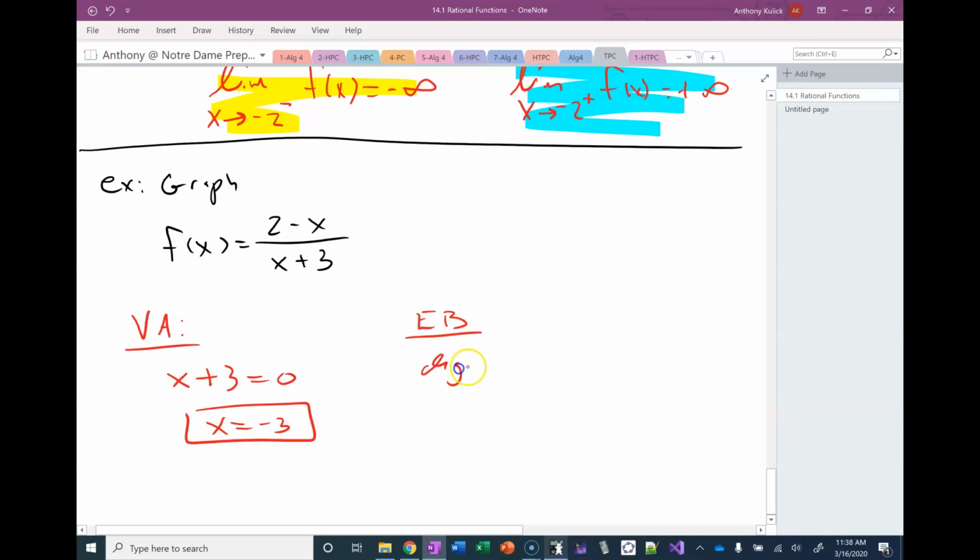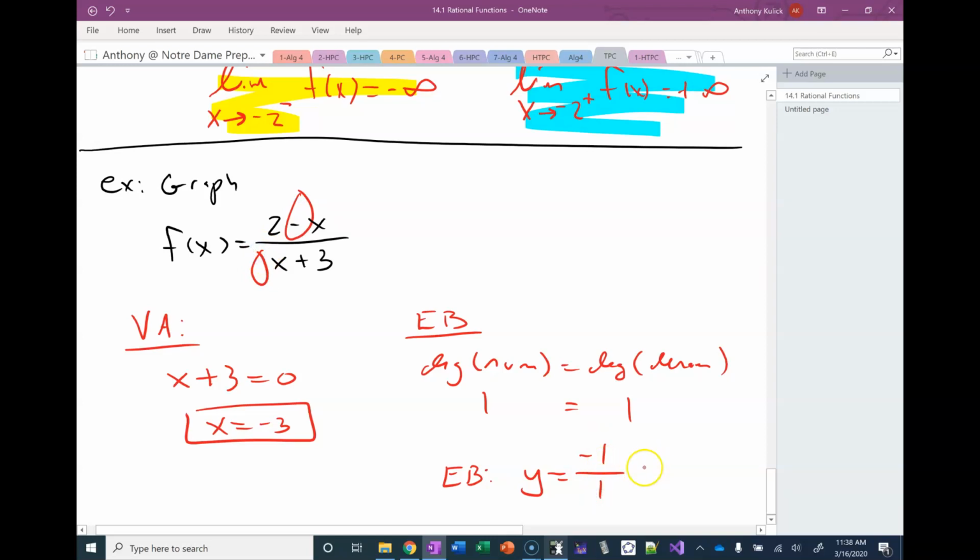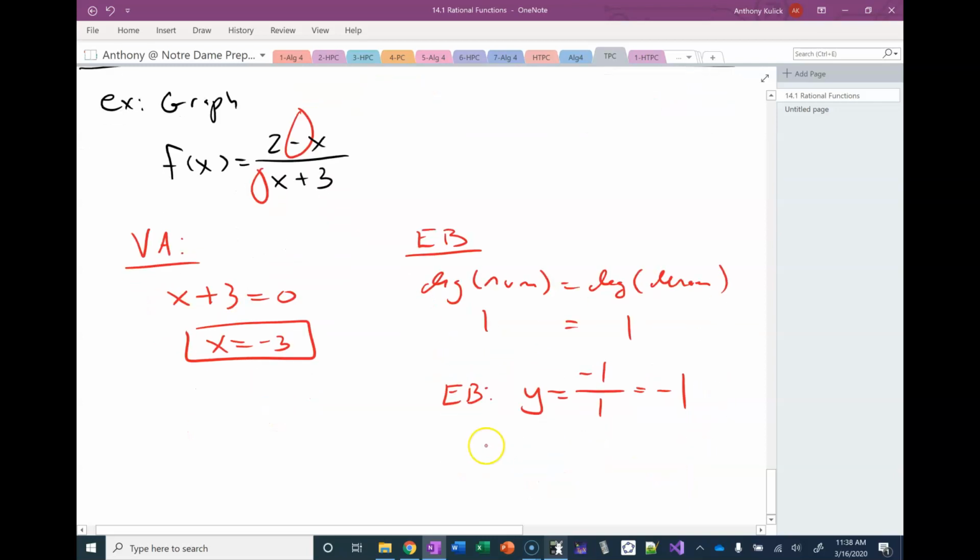I notice the degree of the numerator is equal to the degree of the denominator, since they're both degree 1s. So what that tells me is that my end behavior is y equals the leading coefficient of the numerator, which is negative 1, over the leading coefficient of the denominator, which is positive 1. So my end behavior is at y equals negative 1.